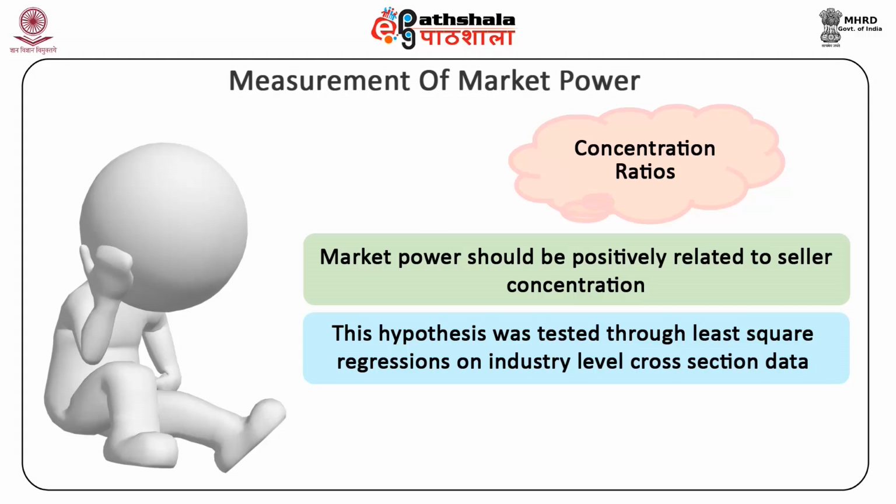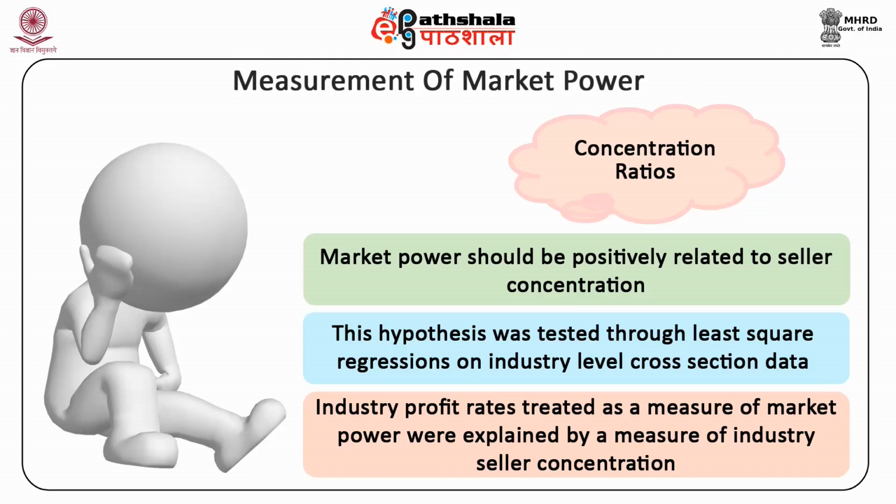In these regressions, industry profit rates treated as a measure of market power were explained by a measure of industry seller concentration. The measure of seller concentration that was used was the 4-firm concentration ratio, that is CR4, which is the proportion of industry sales accounted for by the four largest firms.